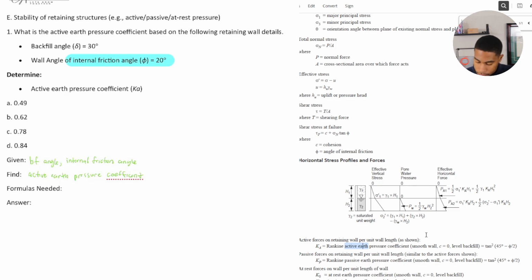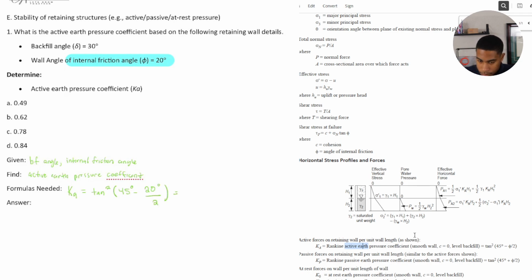So now we solve, right? I think I have everything that I need, and the formula that I'm going to need is Ka is equal to tangent squared of 45 degrees minus phi, the angle of internal friction, 20 degrees, over 2.